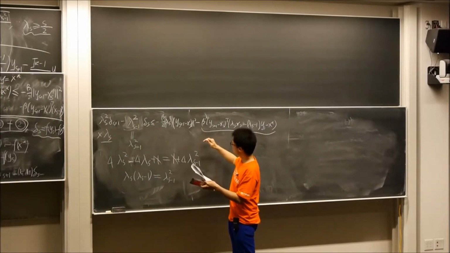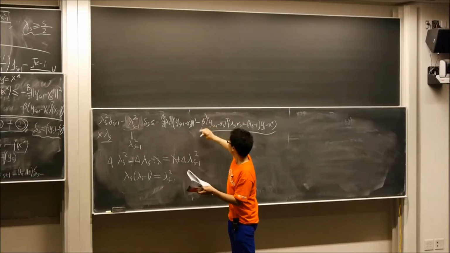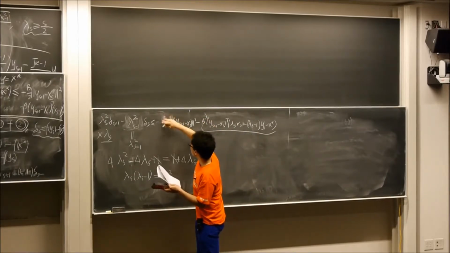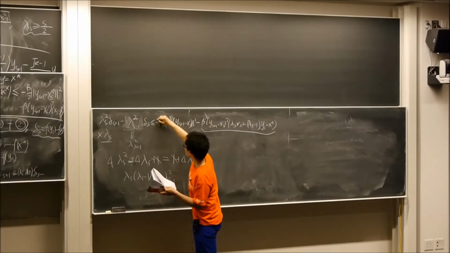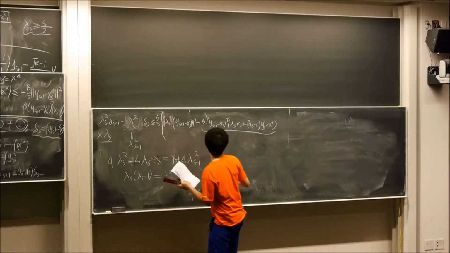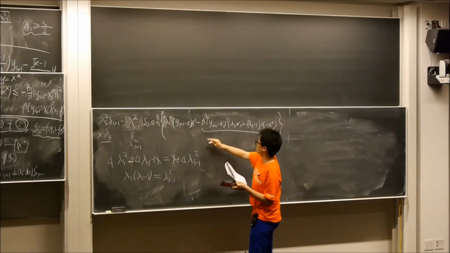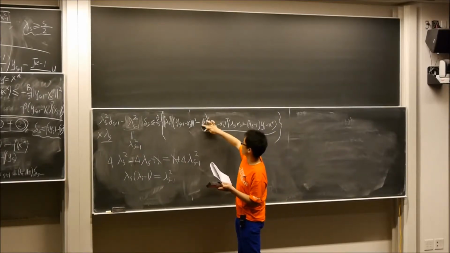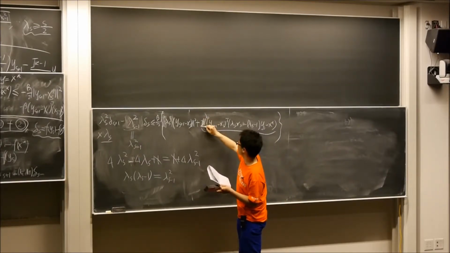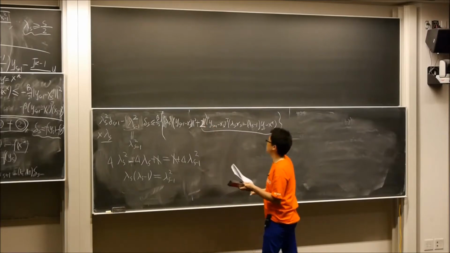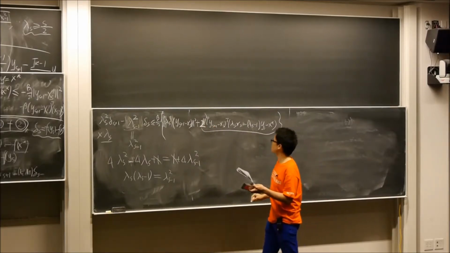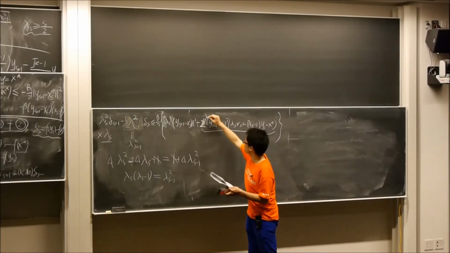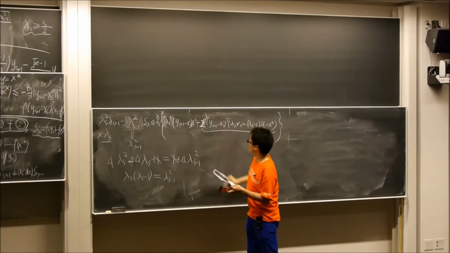We can first add a big bracket here and extract out this beta, so it becomes plus 2, and 2 lambda s.